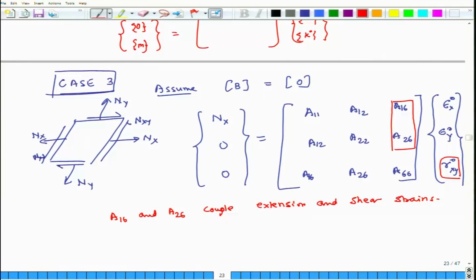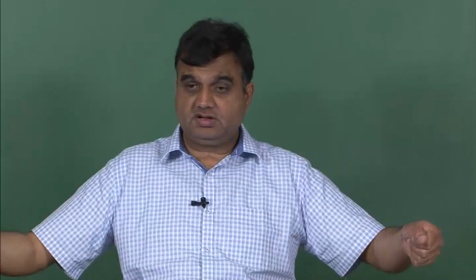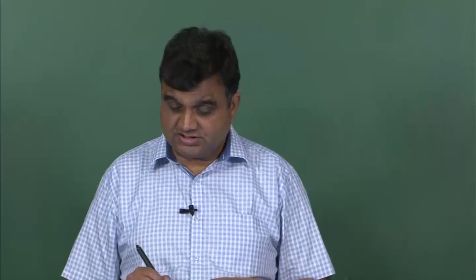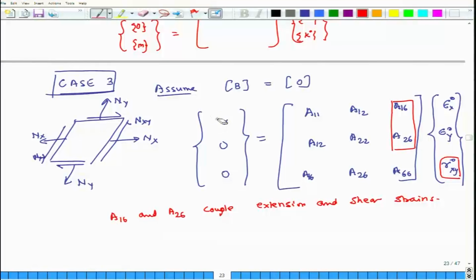If A16 and A26 were 0, then if I pull it, it will only exhibit stretching and Poisson contraction. But if A16 and A26 are not 0, and I pull it, it will also generate shear strain. Similarly, if I applied only Nxy, and A16 and A26 are not 0, then because they appear in the matrix here, they again couple epsilon x, epsilon y and gamma xy.